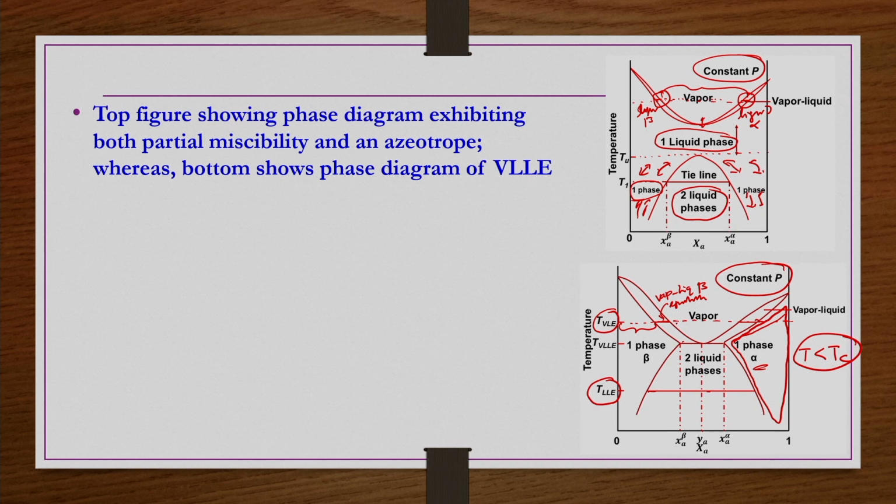And then if you further increase the mole fraction along the same tie line at temperature TVLE, after this point you will have only a single vapor phase, there will not be any liquid phase. And then if you further increase the mole fraction at the same temperature towards the larger mole fraction side, then here we have vapor and liquid alpha equilibrium.